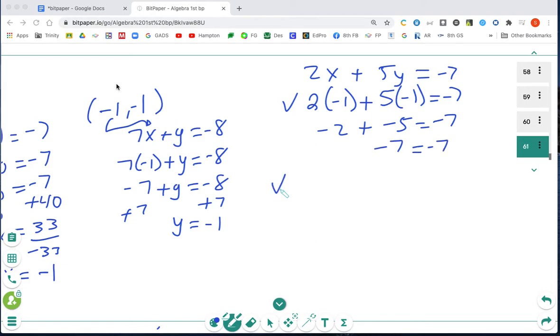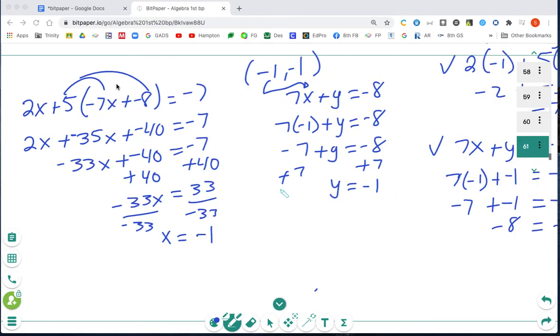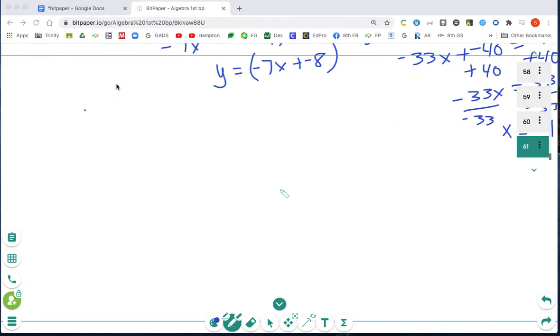My second check will be 7x plus y is equal to negative 8. 7 times negative 1 plus negative 1 is equal to negative 8. Negative 7 plus negative 1 is equal to negative 8. Negative 8 is equal to negative 8. So I know that negative 1 is the correct answer.